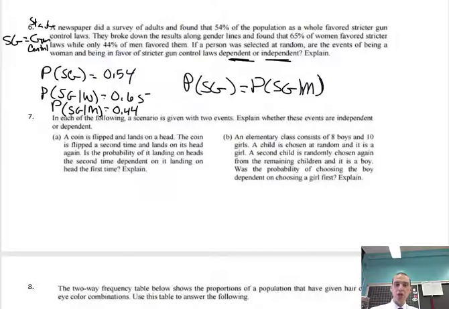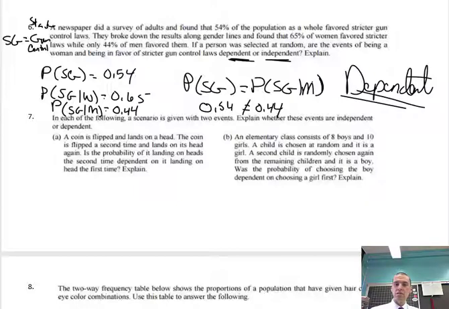The answer is no. 0.54 does not equal 0.44. You could have done woman too here. They're not the same, therefore they are dependent. The probability changed when there was a given, and if it changes when there's a given, then you know that they're dependent.